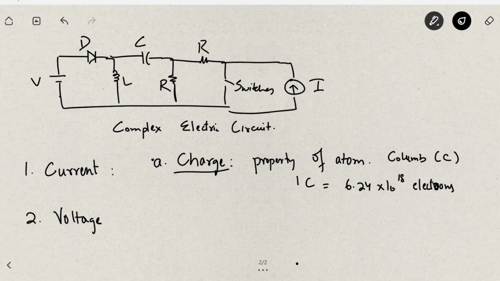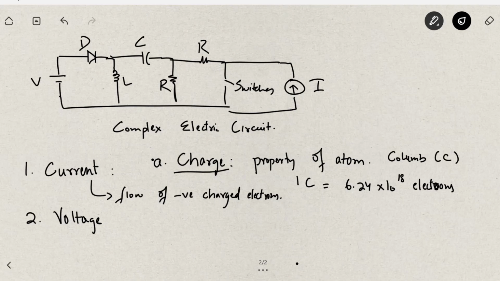We have both positive charge as well as negative charge, and we know that current is actually the flow of negatively charged electrons in a circuit. Or in other words, we can simply say flow of electrons is what constitutes a current.